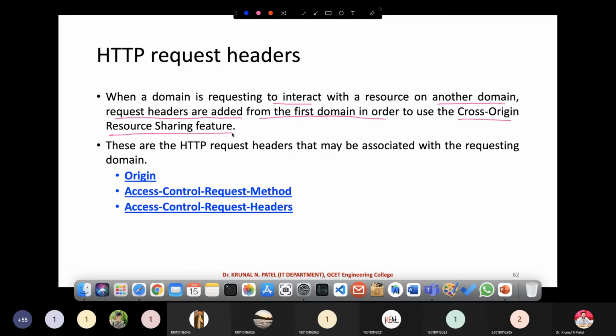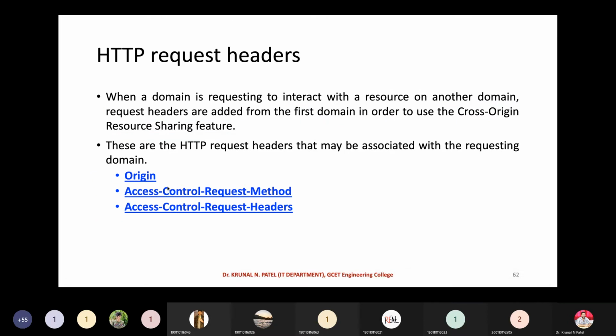So whenever you are sending a request, you have to add request headers from the first domain to access this cross origin. These are the HTTP request headers that may be associated with the domains: first is Origin, then Access-Control-Request-Method, and Access-Control-Request-Headers. So these are the three things you can add.